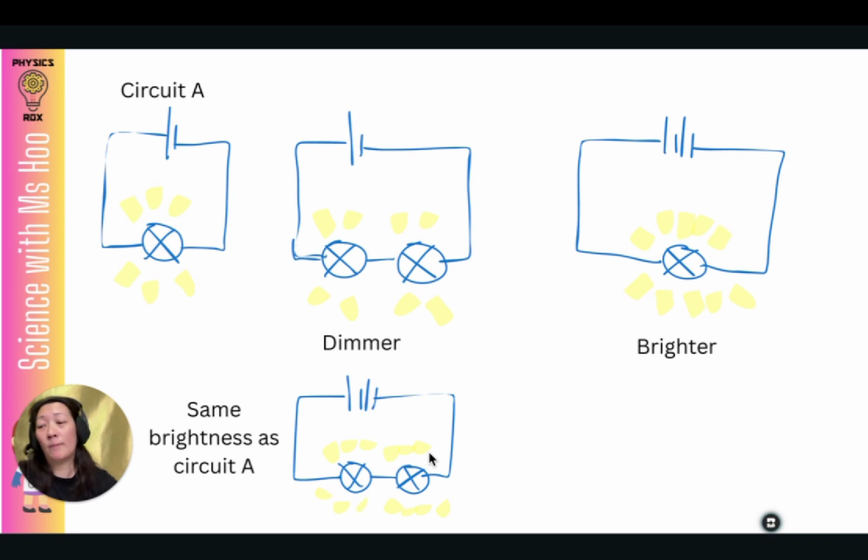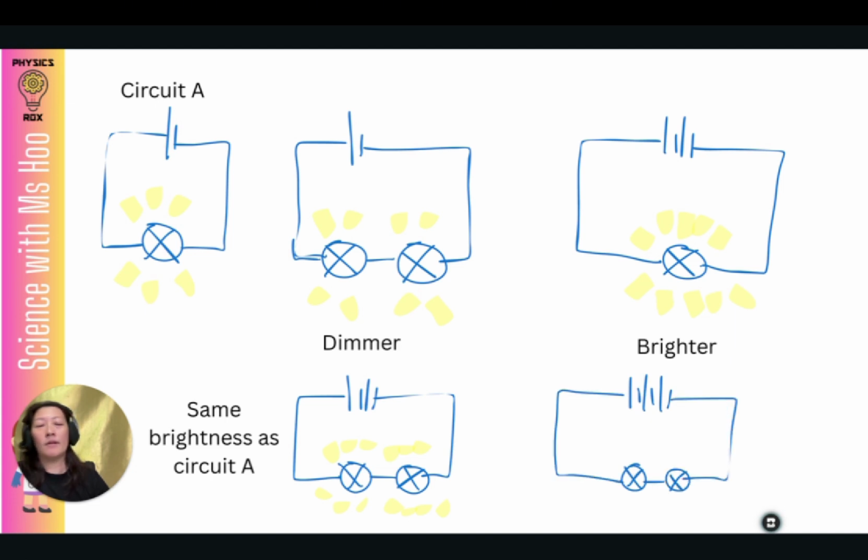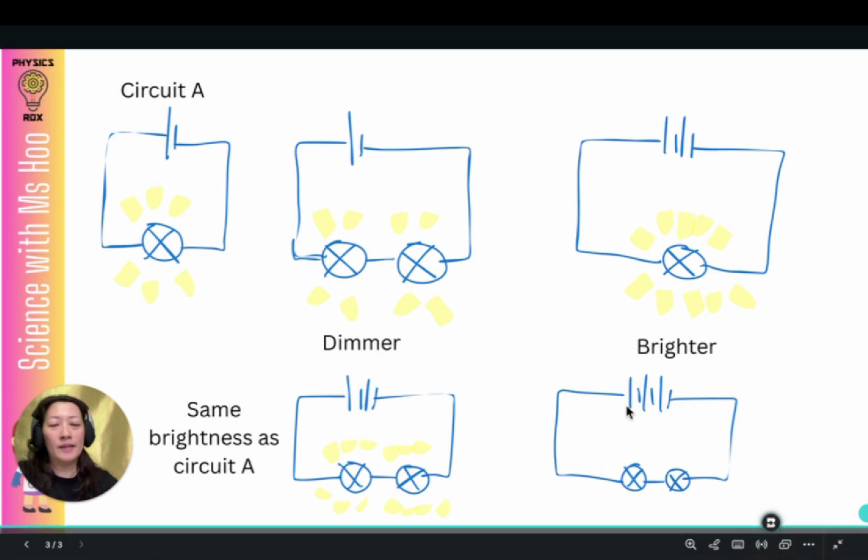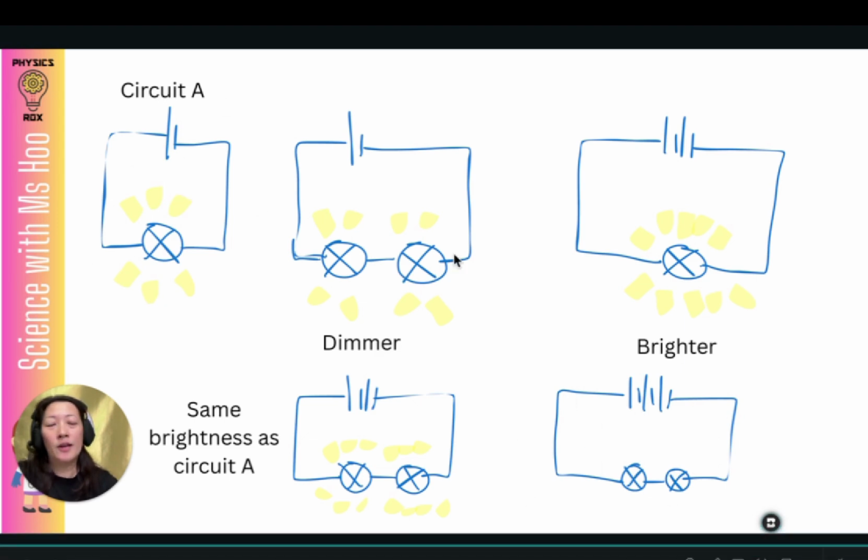The ratio can also be played around with. Say for example, if you put three cells to two bulbs. Now, compare this circuit to circuit A. Do you think the bulbs in here will be brighter, dimmer, or have the same brightness as a bulb in circuit A? So you do need to look at the ratio.